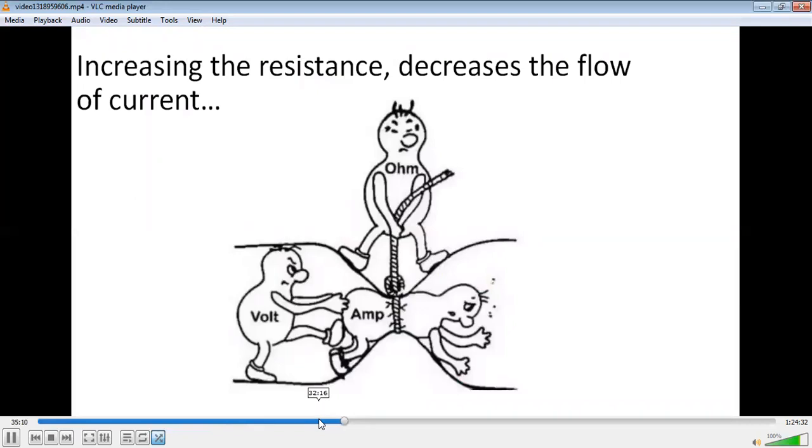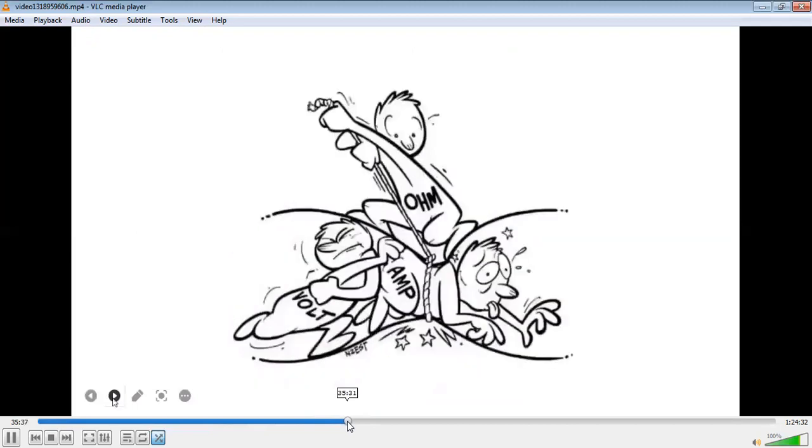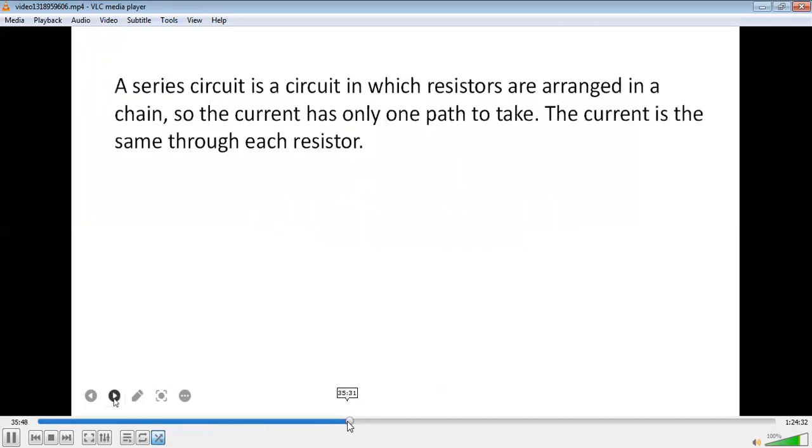So this is a very funny example to understand what the voltage, the resistance, and the electric current are. If volt is more, then electric current will be more, and if resistance is more, then electric current will be less.